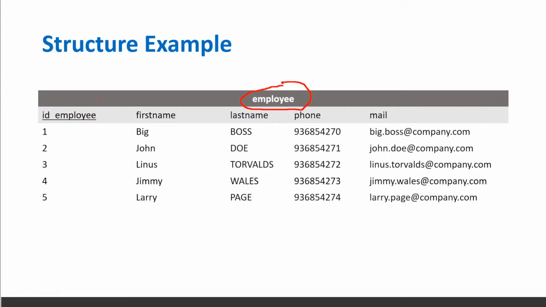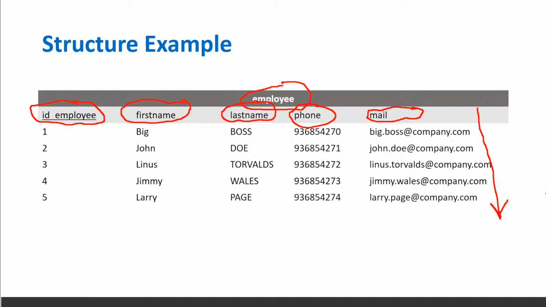Each of these column headers relates to the column of information that it is on top of. Mail, everything going down underneath mail are all email addresses. Phone, everything going down underneath phone are all phone numbers. Last name, everything going down is all last name. First name, everything going down is all first name.